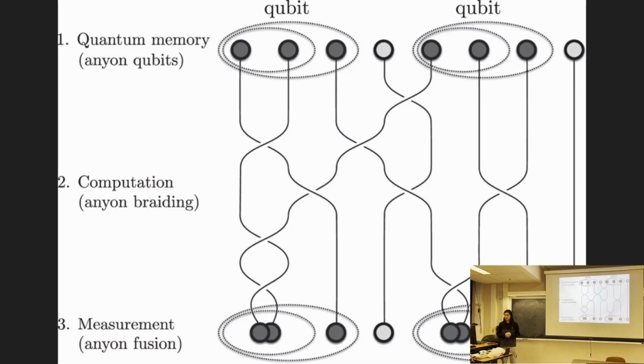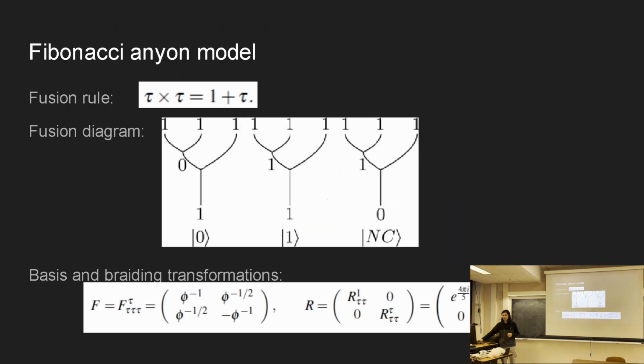Yeah, it might clear things up if I show a specific example of an anyon model. So we have here what's considered the simplest anyon model. It's called the Fibonacci anyon model.